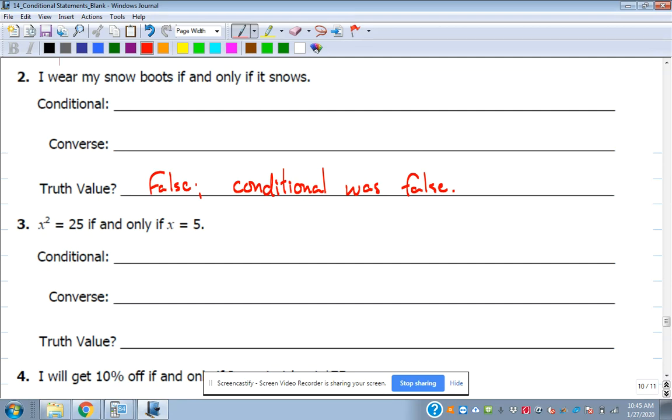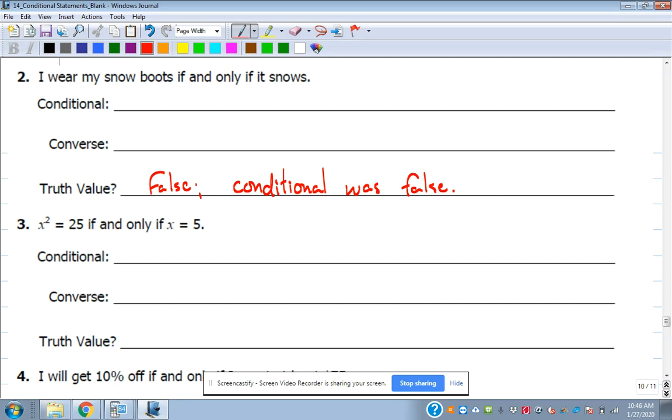I guess that technically would be true. It is for us, considering where we live. Most of us don't own snow boots. Some of you may, most of us don't. But the idea here is that the biconditional is false because one of those is false. It doesn't take both of them to be false. Just one of them is all it takes.